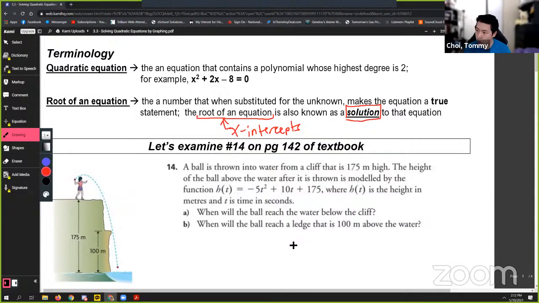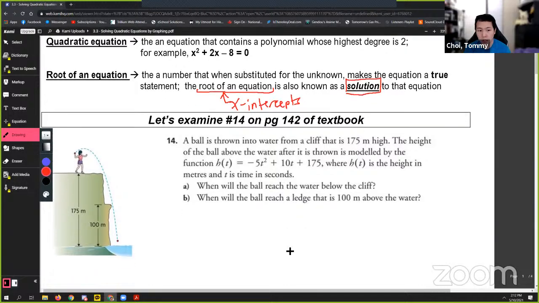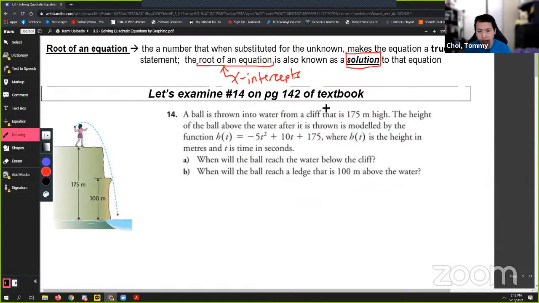So we're going to go through a word problem within your textbook. This is number 14 on page 142. It says a ball is thrown into the water from a cliff that is 175 meters high. The height of the ball above the water after it is thrown is modeled by this function: h of t is equal to negative 5t squared plus 10t plus 175, where h of t is the height in meters and t is the time in seconds.